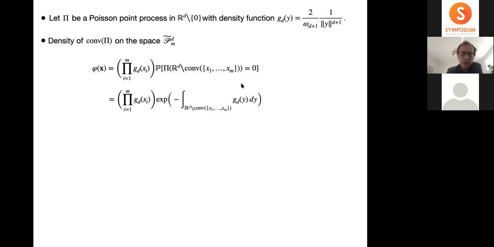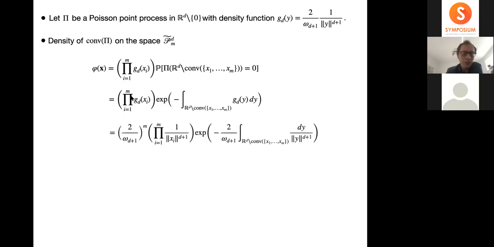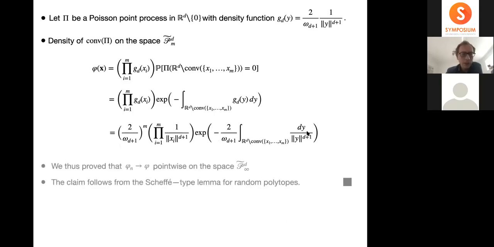Then plug in, well, since this is a Poisson point process, this is exponential minus the integral of the density over this region. And now you can plug in the definition of the densities. And this is this guy here, which you recognize, hopefully, because this is exactly the density that we have seen. So, which means that we have proved pointwise convergence of the densities on the space of vertex representations of these polytopes.